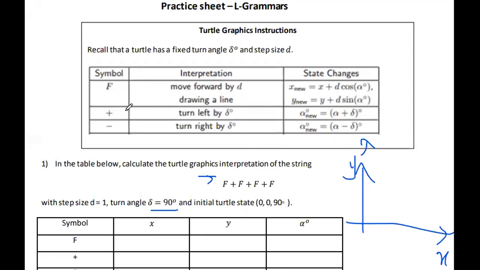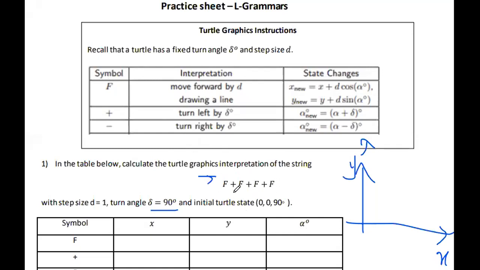F means move forward by D centimeters, and plus means turn left by the angle delta, which is given as 90 degrees. Minus means turn right by 90 degrees.